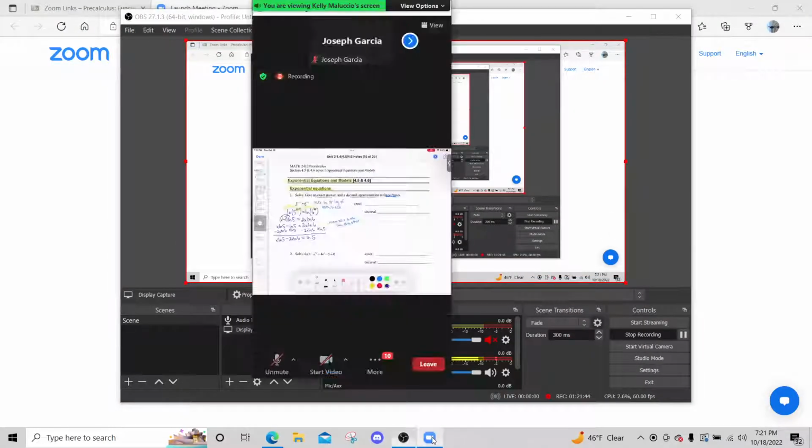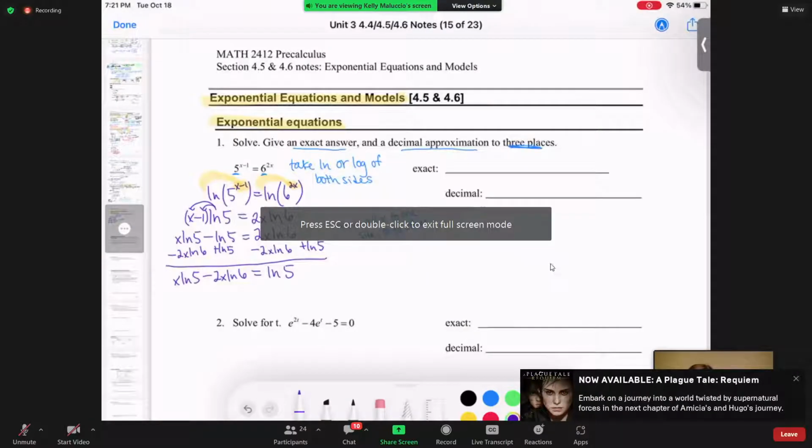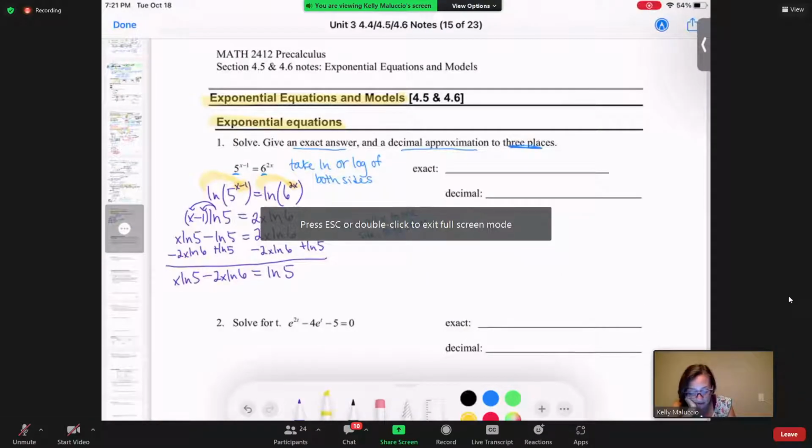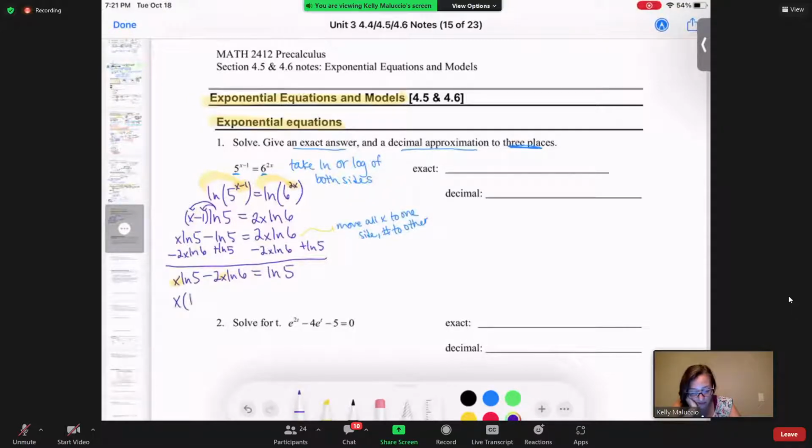Now I take my x out and I say, okay, I see an x here and here. So now I can factor an x and I'm left with ln 5 minus 2 ln 6. Okay, don't know what that is, but that's okay. And that equals ln 5, right? So for my last step, I can divide both sides by this whole nasty thing, ln 5 minus 2 ln 6.